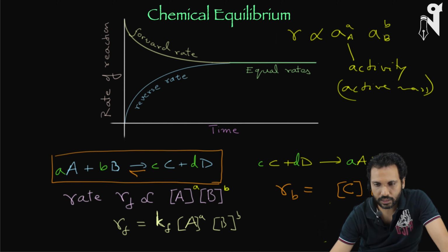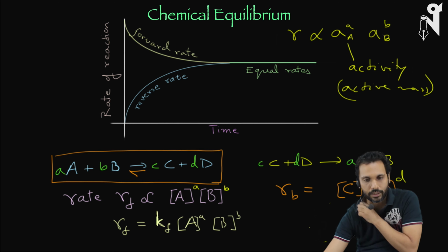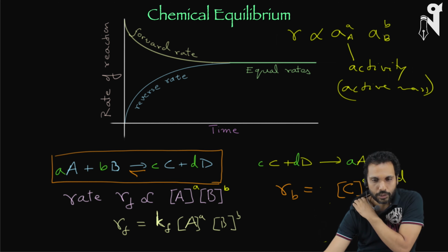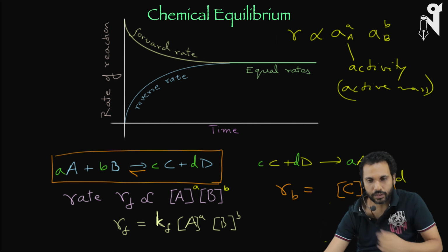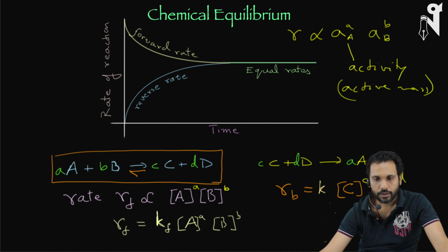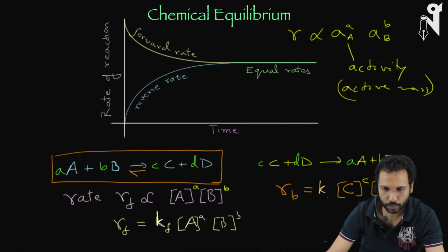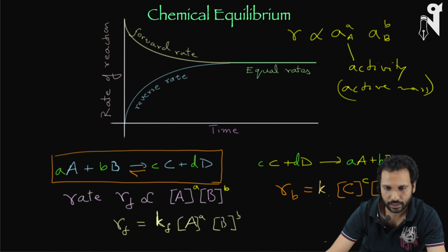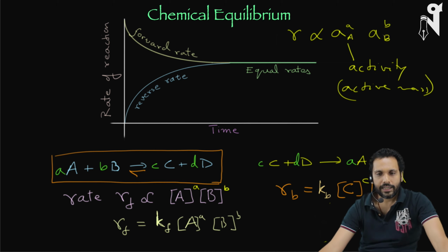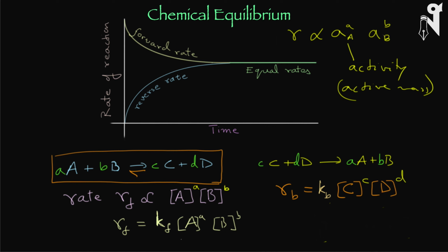So concentration of C power c, concentration of D power d, where c and d are the stoichiometric coefficients. Instead of proportionality I have written an equal sign, so I can put the constant of proportionality, which is called the rate constant, backwards.